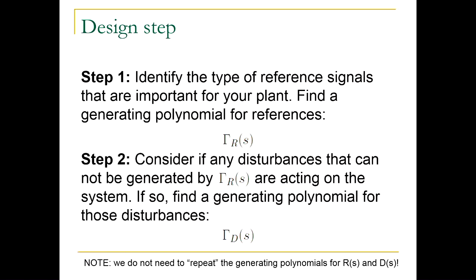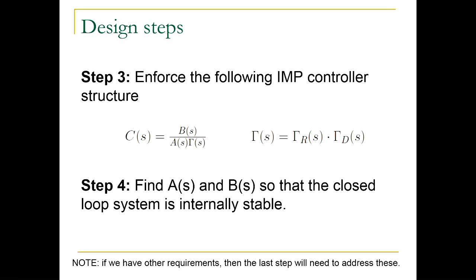So what are the design steps? First, identify the type of reference signals you want to track. That will give you one generating polynomial, gamma r. And then consider if any disturbances that cannot be generated by gamma r are acting on the system. So find the generating polynomial for those disturbances. That's gamma d. Then you multiply gamma r and gamma d to get the overall generating polynomial.